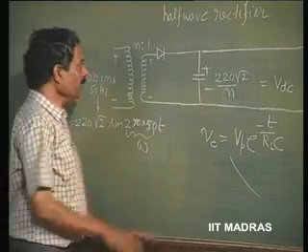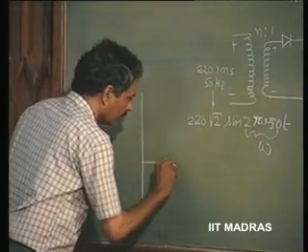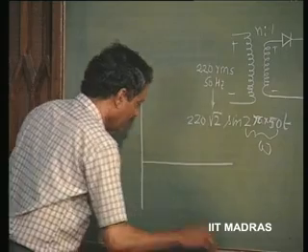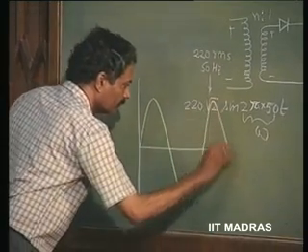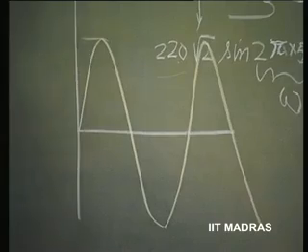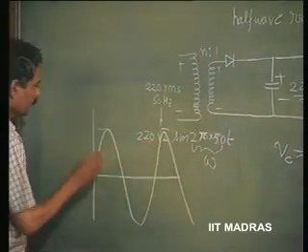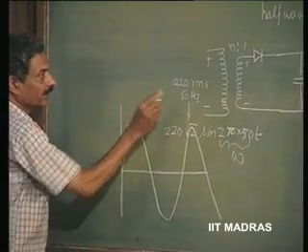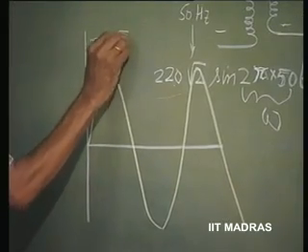So, in the case of a waveform like this, we will see that a sine wave, which is the input, this peak being this peak divided by n is this peak. So, this in this case is 220 root 2 by n.